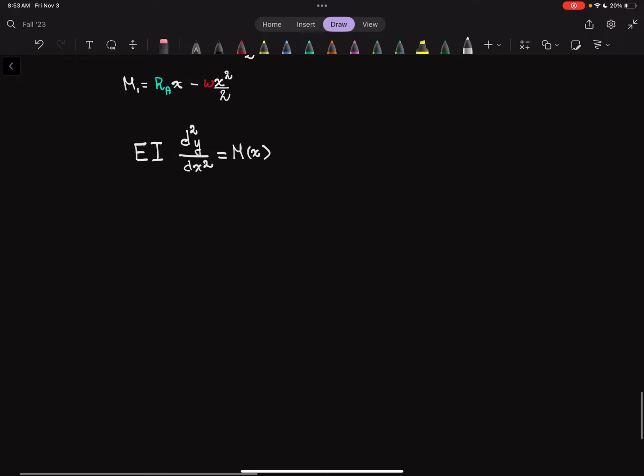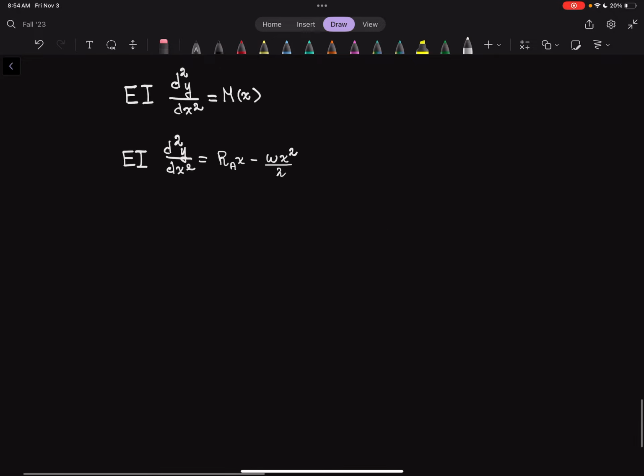So what can we say? Well, we have our moment equation, right? So that's going to be RA times x minus W times x squared divided by 2.